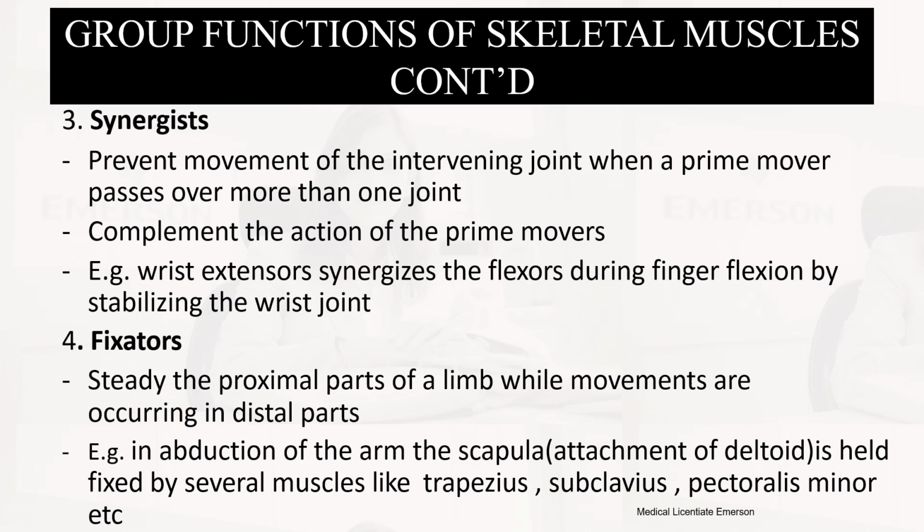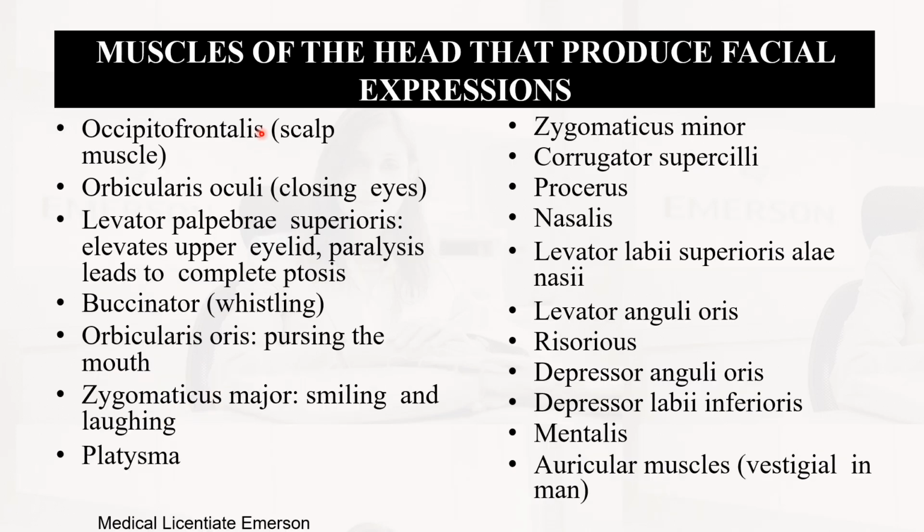Then you have muscles of the head that produce facial expression. We are now starting compartments. One compartment approach we are going to go through is muscles found in specific body regions.